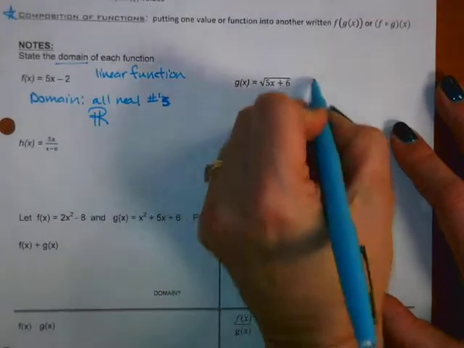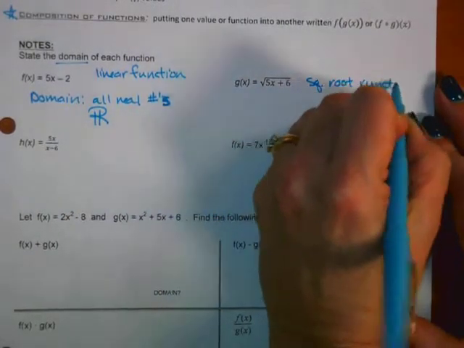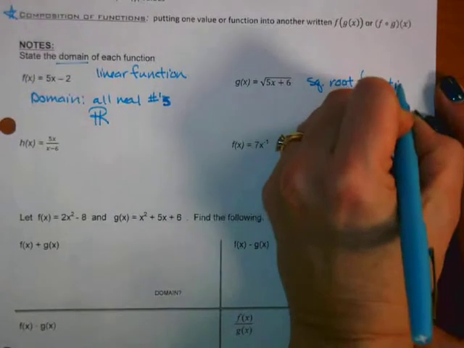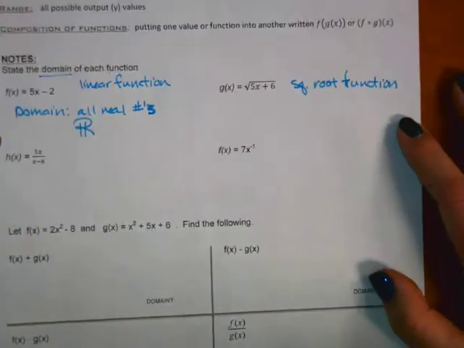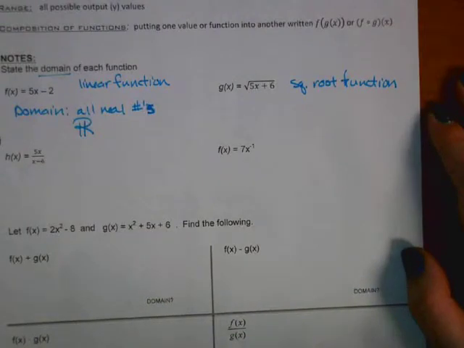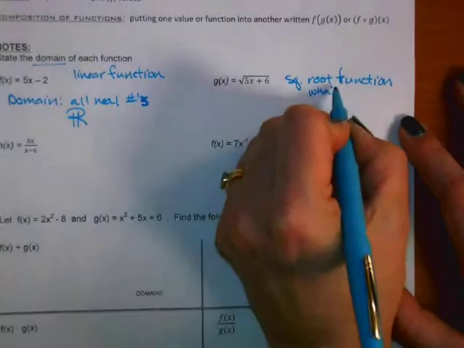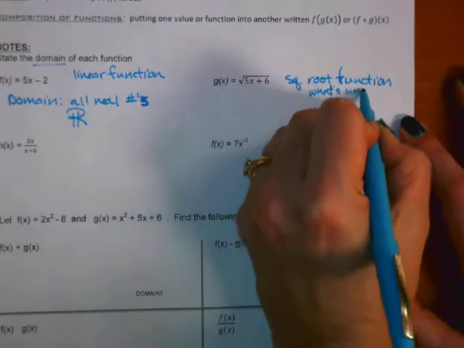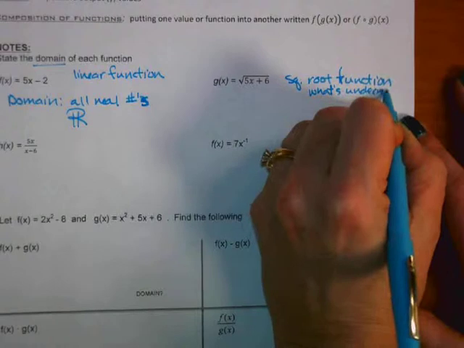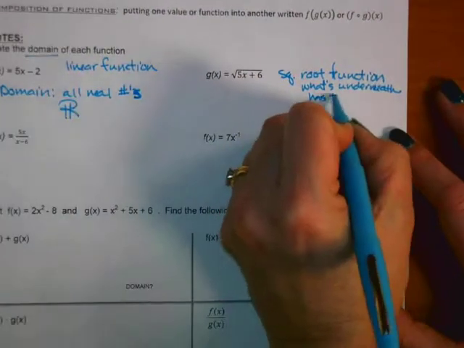Let's talk about this square root function. In a regular square root function with real solutions, what can you not have underneath the square root? A negative. So what's underneath has to be positive.